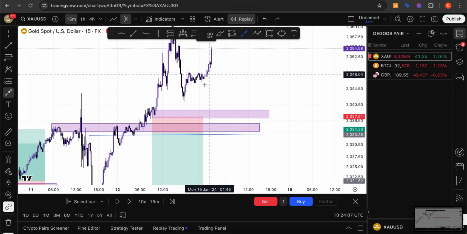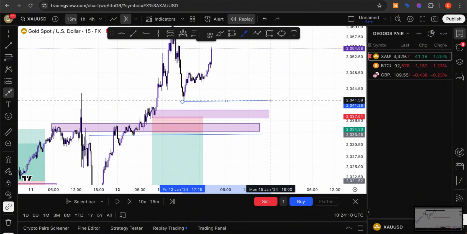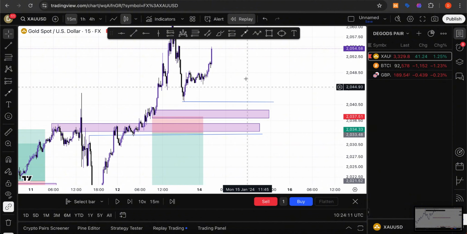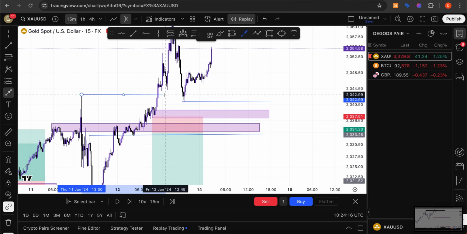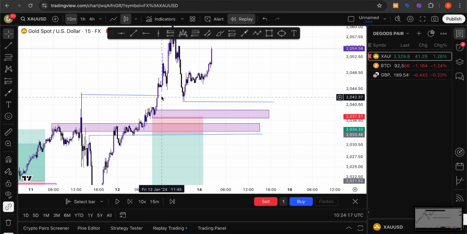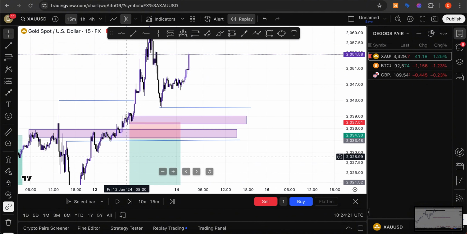So this is a liquidity structure. This is a break of structure. So let's just see what happens.